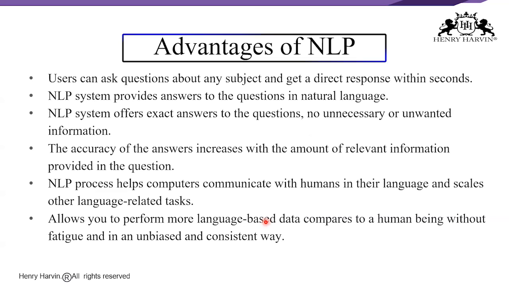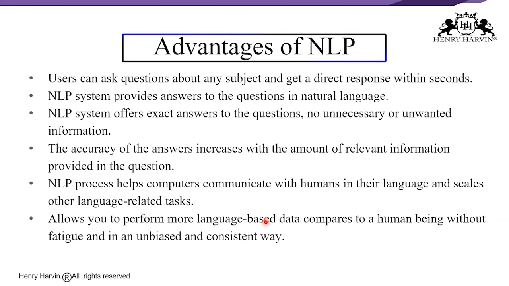So what are the advantages of NLP? Users can ask questions about any subject and get multiple responses within seconds. The NLP system provides answers to the questions in natural language, and offers exact answers with no unnecessary or unwanted information.